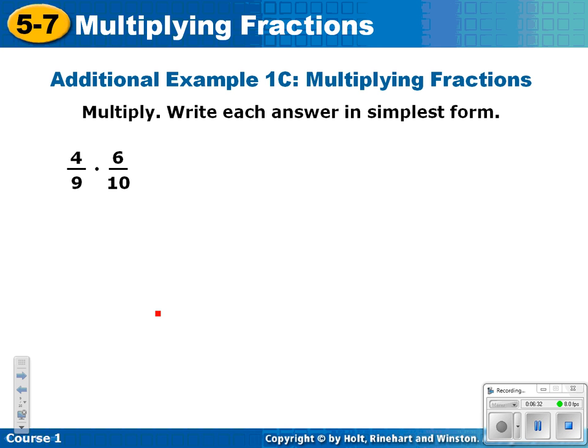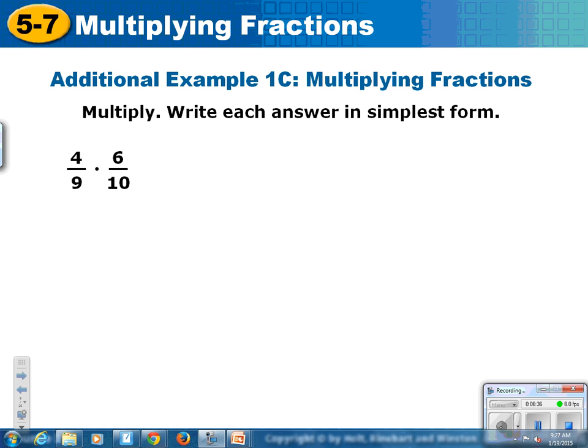Why don't you guys try this one on your whiteboard? We're going to do it together. Now, first of all, look for common factors. It doesn't even necessarily have to be the greatest common factor. Just look for a common factor. Is there a common factor that 4 and 10 can both be divided by evenly?